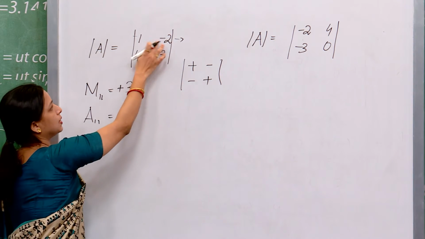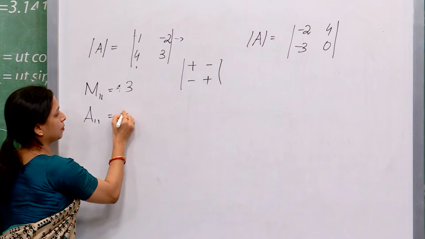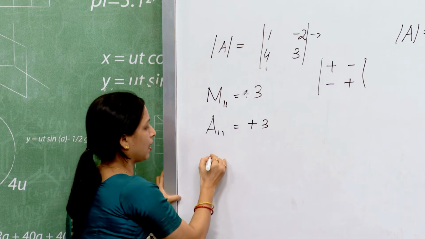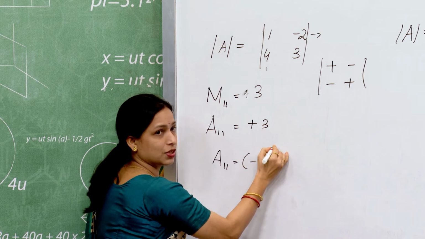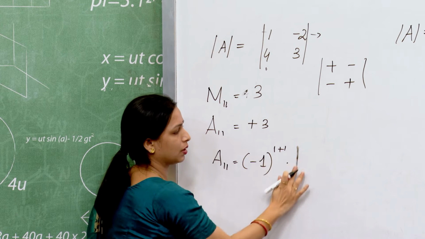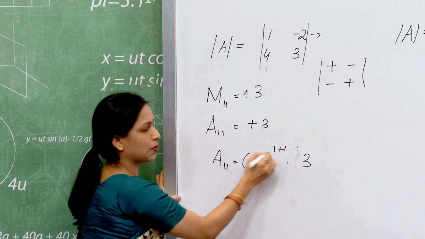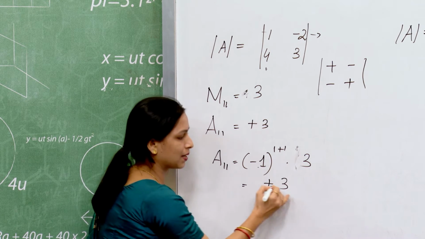Now, for further proof, let us say we know the sign is minus 1 to the power i plus j. So, 1 plus 1 into M11, which is 3. So, minus 1 to the power 2, the sign is plus, so plus 3.